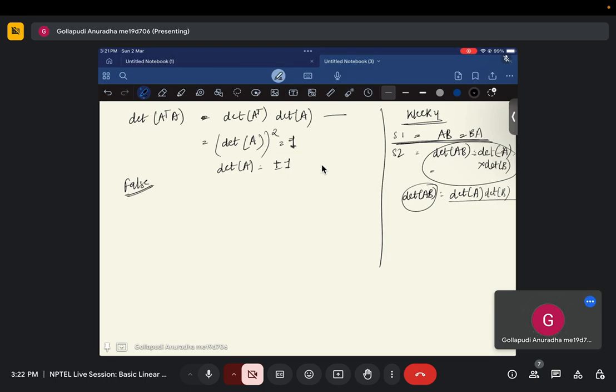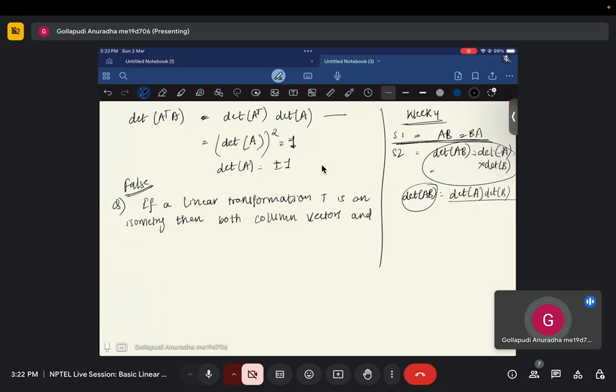So another true or false question. If a linear transformation T is an isometry, then both the column vectors and row vectors of its matrix representation form orthogonal sets.